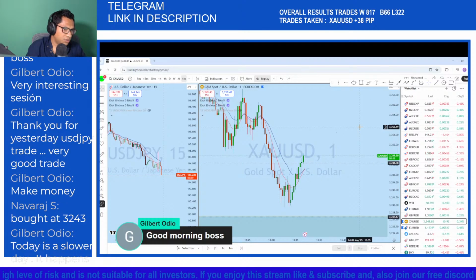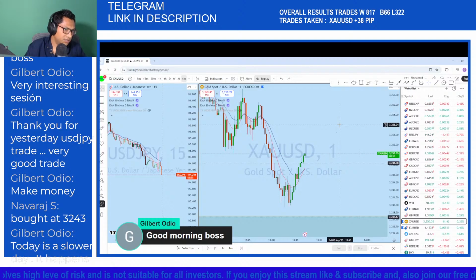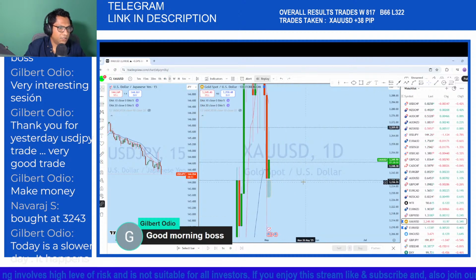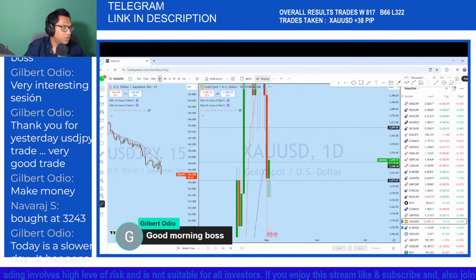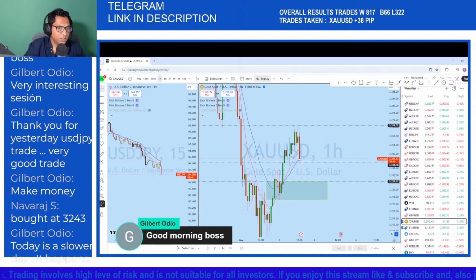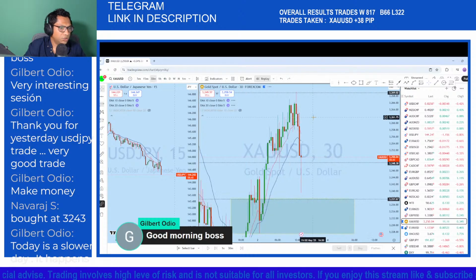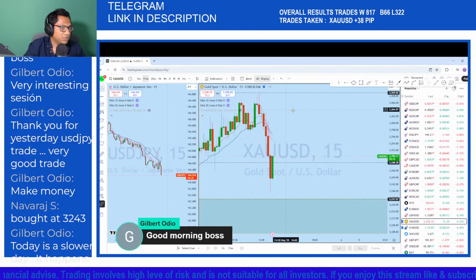On the lower time frame, on the 1 minute chart, we can see from the daily support there is a bounce trying to move back to the daily resistance line. From the 1 hour, we can see the price is almost at the 1 hour opening and closing, which is also the lower time frame resistance line.